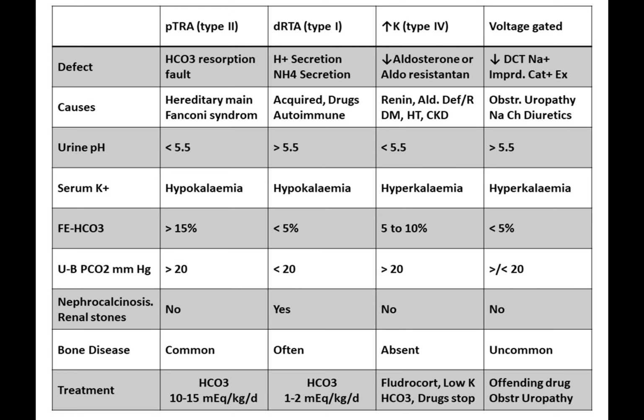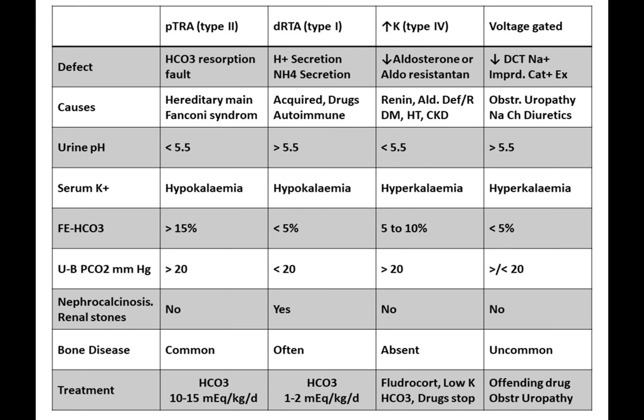Okay, and the aldosterone resistance and hypoaldosteronism, aldosterone resistance is the main problem here. And then here it is the low sodium in the tubule and impaired cation exchange and sodium presentation to the distal tubule is at fault. Causes: hereditary, associated Fanconi may be there. Here acquired causes are more important, drugs like amphotericin B and autoimmune causes like rheumatoid arthritis, SLE.